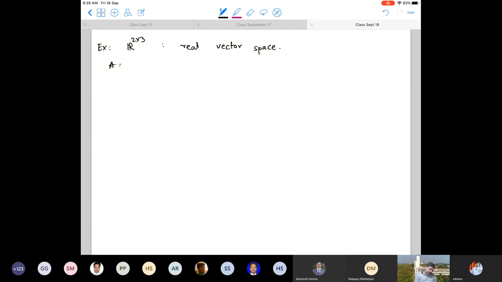So how are the typical matrices going to look? The typical matrices are going to look as A11, A12, A13, A21, A22, A23. 2 rows and 3 columns, correct? So this is how a typical matrix in the R^(2×3) space looks like.